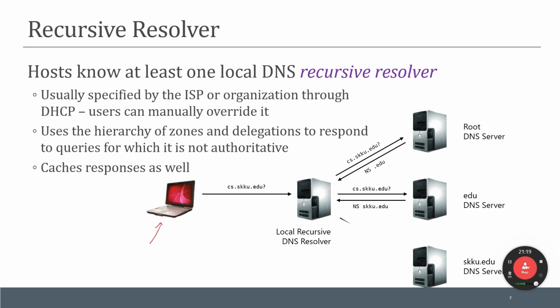And again, the recursive server asks the question, inquiring the IP address of the same domain, and skku.edu's name server, Sungkyunkwan University's name server, is an authoritative server, responding, all right, we know the IP address of cs.skku.edu, and this IP address goes back to the client.